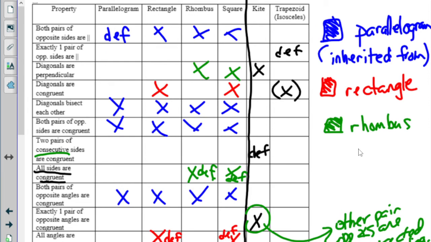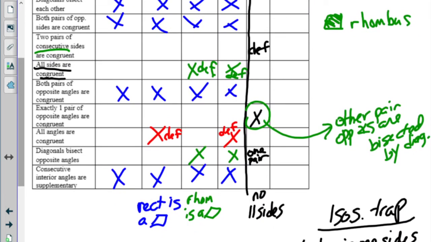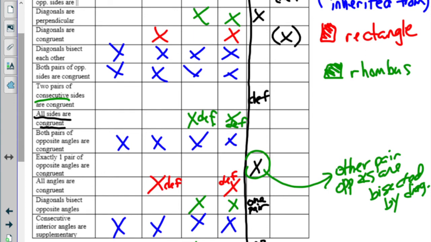So in blue here are all the things that are true about a parallelogram. We have our opposite sides congruent, opposite angles congruent, the consecutive angles are supplementary, and the diagonals bisect each other. Those things are all in blue because they're all things that are true about a parallelogram.